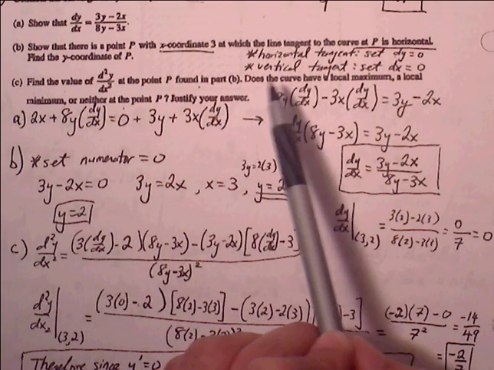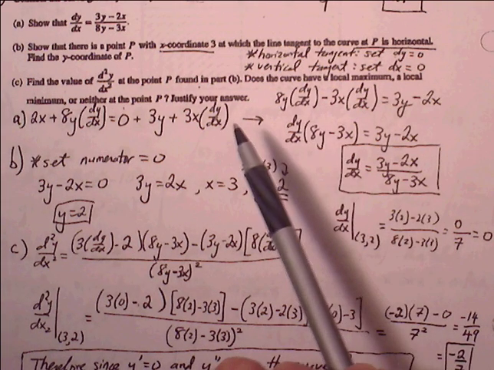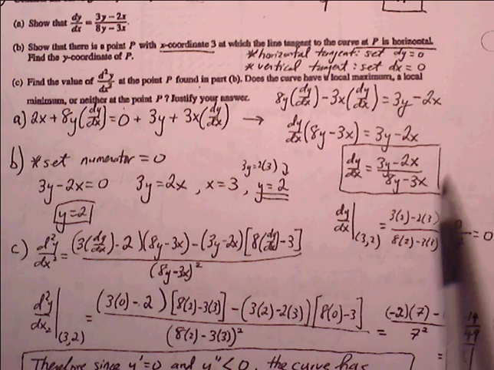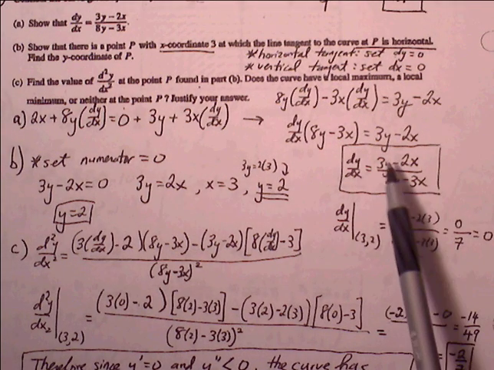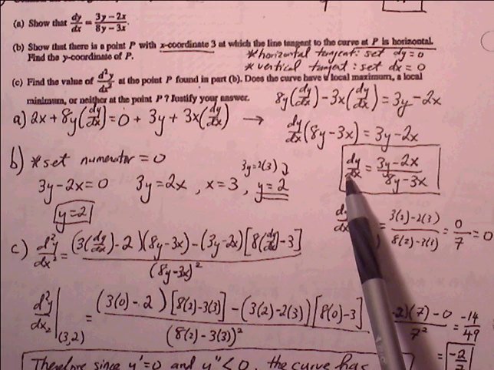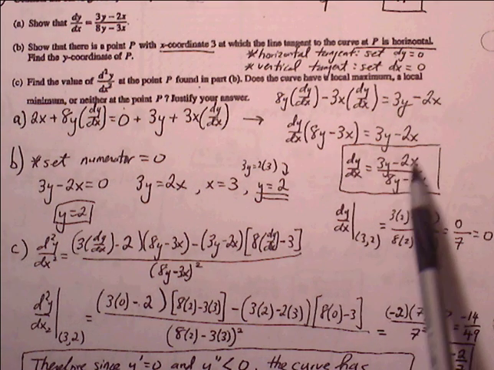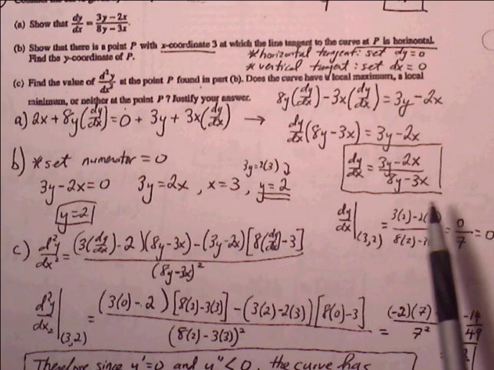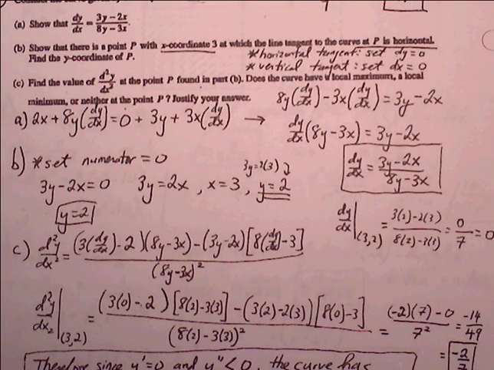Part C, find the value of d2y/dx2, the second derivative, at the point P found in part B. Does the curve have a local maximum, minimum, or neither at point P? Justify your answer. We need to first find the second derivative, working from the result from part A. To find the second derivative, we have to go through quotient rule and implicit differentiation, because we have y's mixed with the x's.